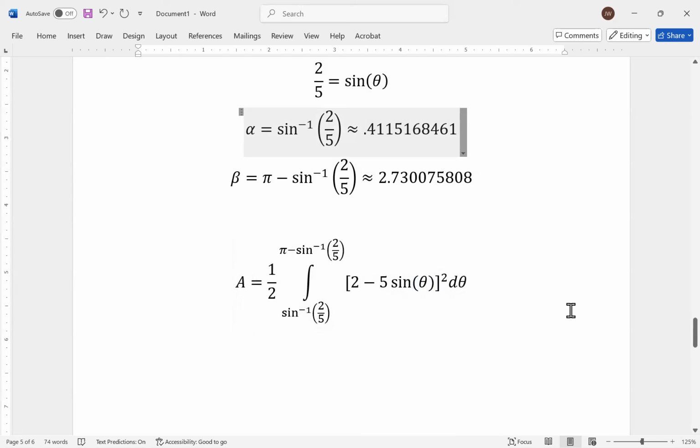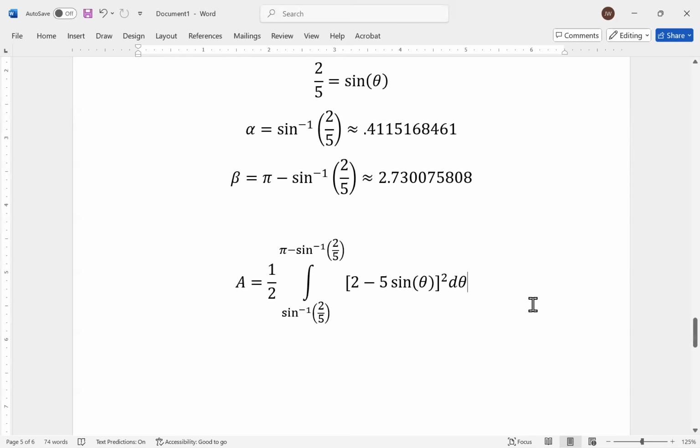Obviously, it looks pretty messy when I plugged it in, but it's still very much doable on a calculator. I haven't done that yet, so let me do that. All right, now I've typed it in and I got an approximate value of about 5.38.